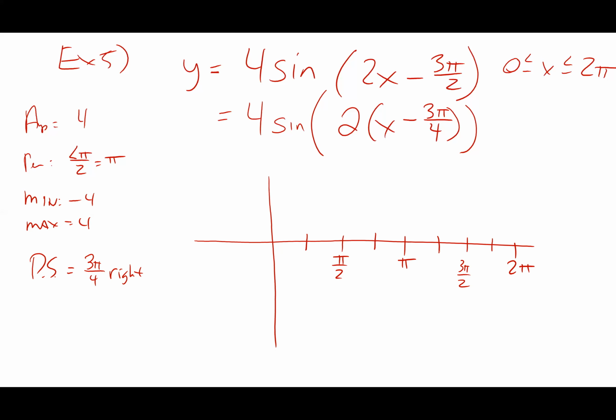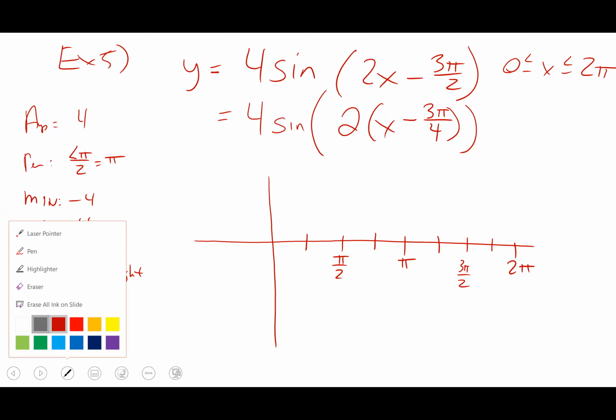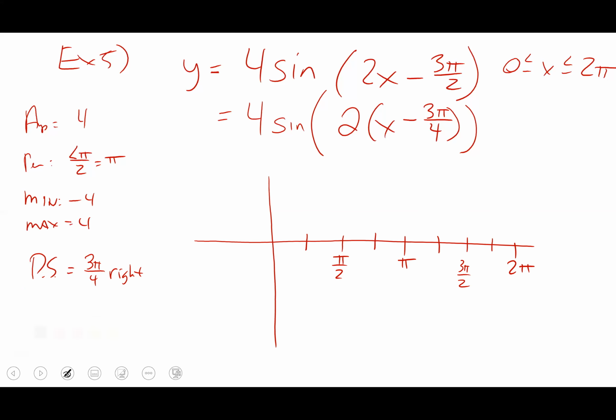Okay, so let me do this here. Without the phase shift, it would have looked like this. It's a sine curve. 1, 2, 3, 4. So it would have gone here, here, here, and here.